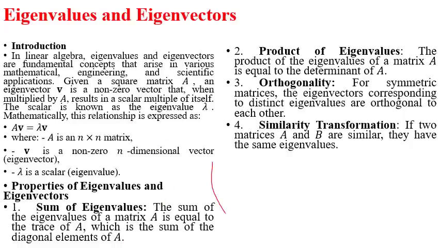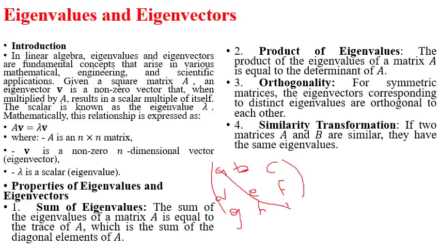Here when you have a matrix in this form, A, B, C, D, E, F, G, H, I, the diagonal element in this case is this.